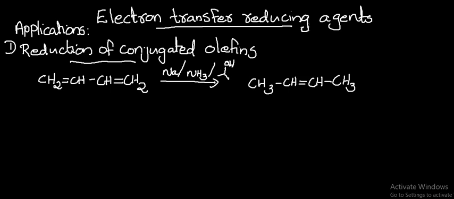What are the applications of metal dissolved reductions? First one, reduction of conjugated olefins. Conjugated olefins are reduced into isolated olefins. Here it is a conjugated olefin, called butadiene.